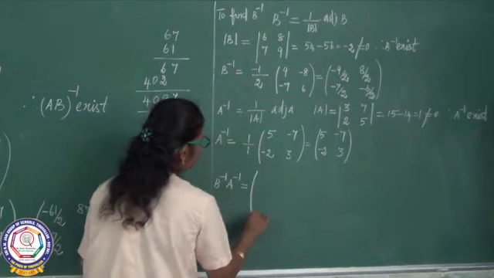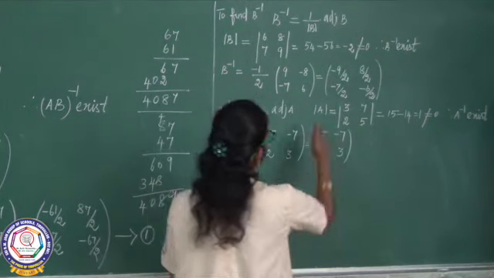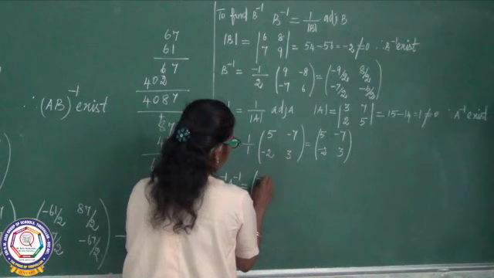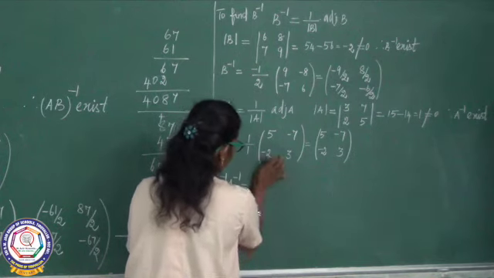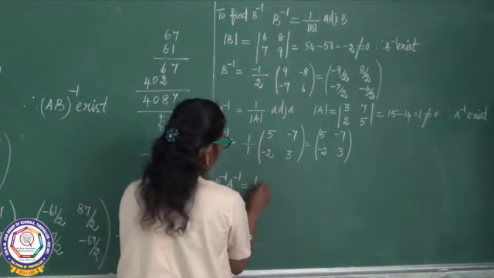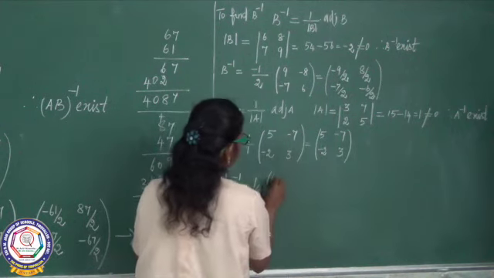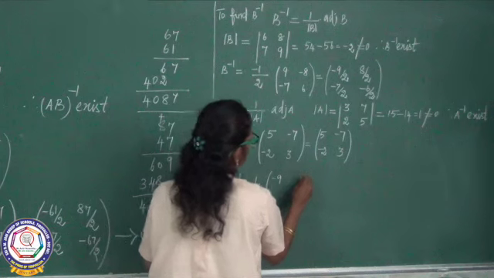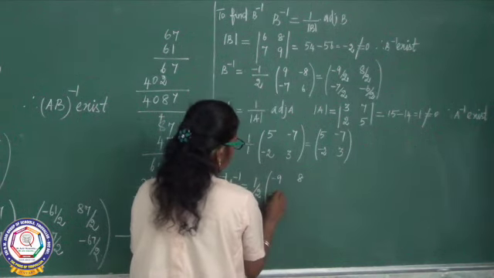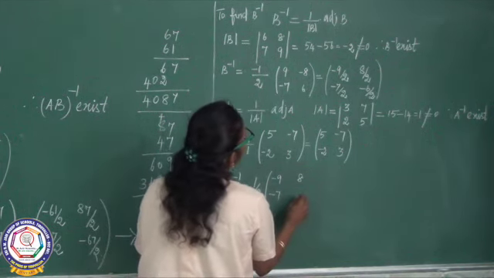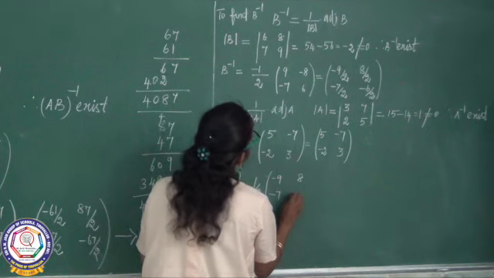Multiplication you are going to do. What is your B inverse? Minus, now if you have a confusion, better you should have 1 by 2 outside. The numerator alone you should fill in the bracket: minus 9, 8, minus 7, minus 6.